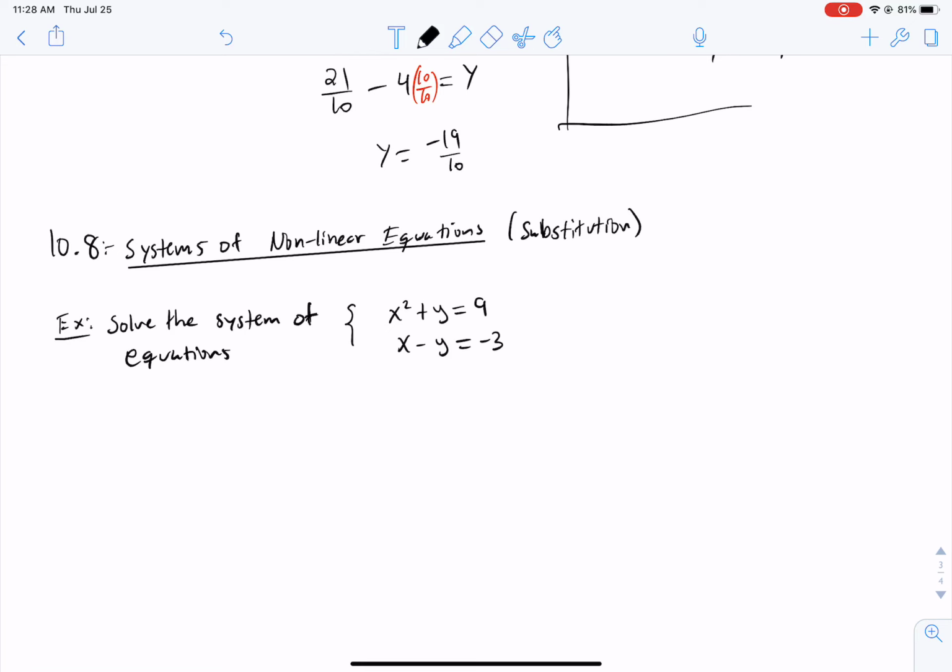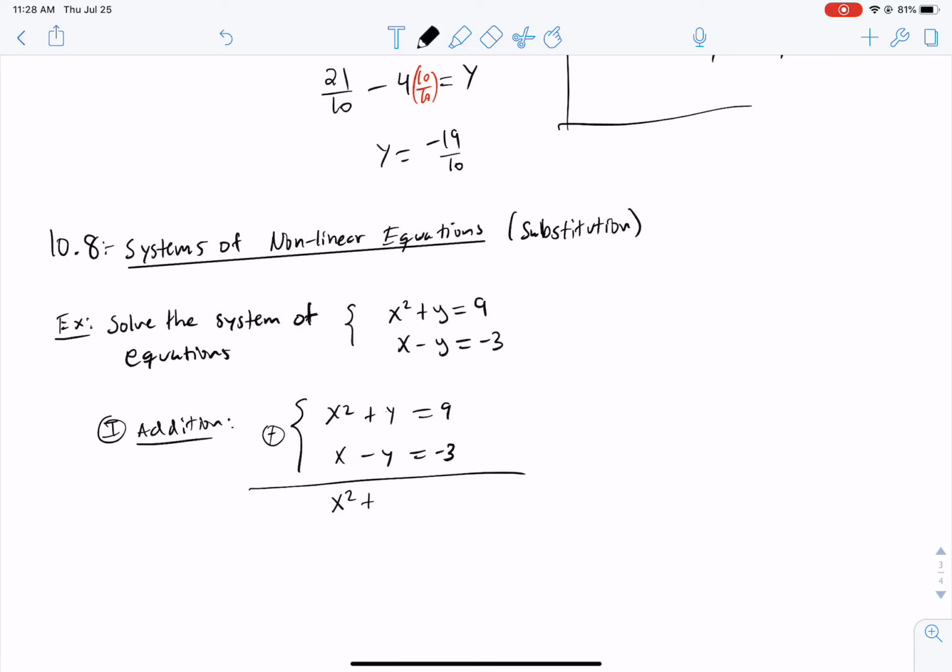So if we add them up, addition method, we'll get something like this, right? So we have x squared plus y equals 9, and x minus y equals negative 3. What variable will cancel out if we just add the systems up? The y's. So we will get x squared plus x equals 6.